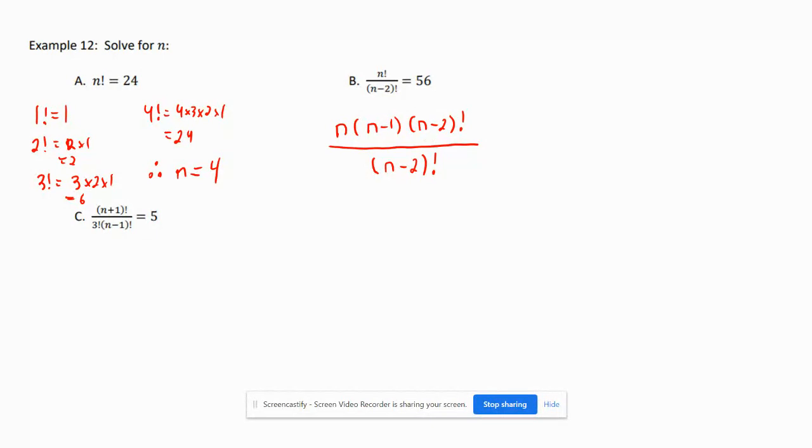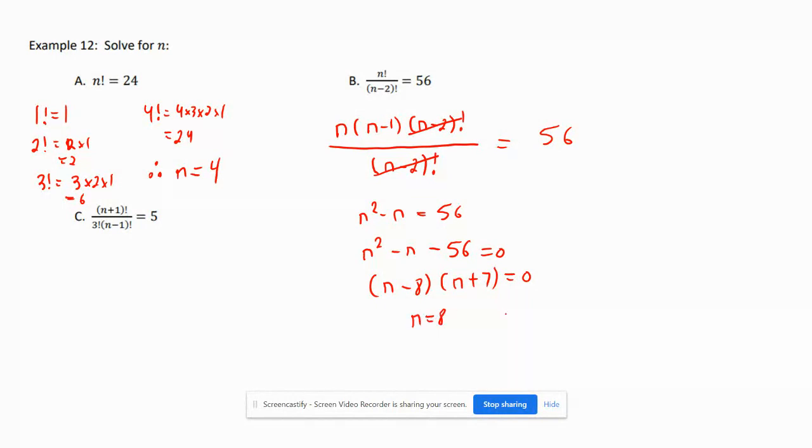Well, here, these two can now cancel out. Okay, and now this becomes a Math 20 question. It's n squared minus n equals 56. n squared minus n minus 56 equals 0. This means we have n minus 8, n plus 7 equals 0. That means n equals 8, or n equals negative 7.